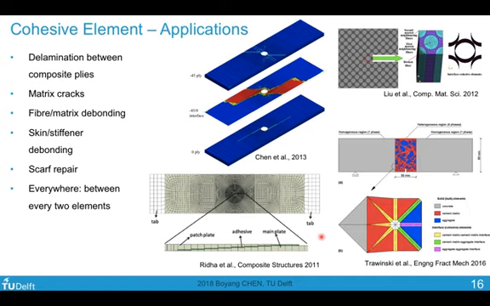It could also be used everywhere in the mesh, in between every two elements. In case where you don't know a priori where the crack is going to occur and how it propagates, what you can do is to make a very refined mesh and then put cohesive elements everywhere. But this is very costly, and still the crack propagation path is constrained to follow only along the boundaries of the elements.